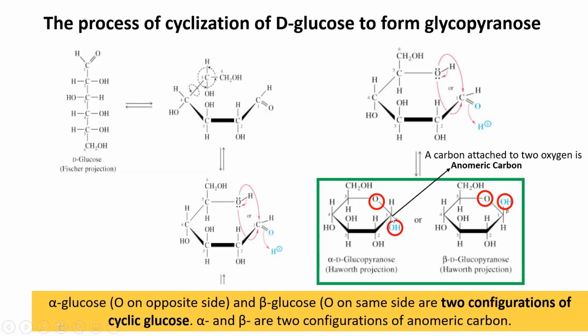This particular carbon, which is attached to the oxygen, is the one responsible for this aldehyde group. This is called carbon 1, the first carbon. Then the second, third, fourth, fifth, and the last one is the sixth carbon. So we are looking at the same structure, but in a different view because it is now a ring structure.